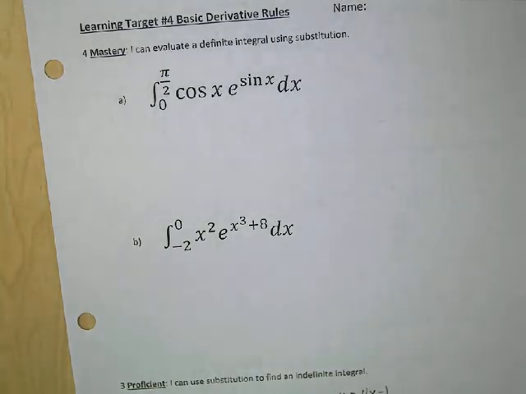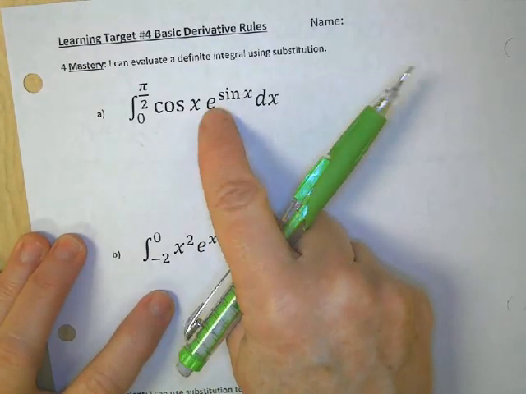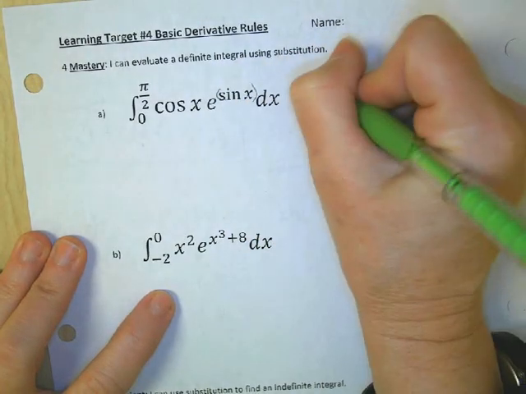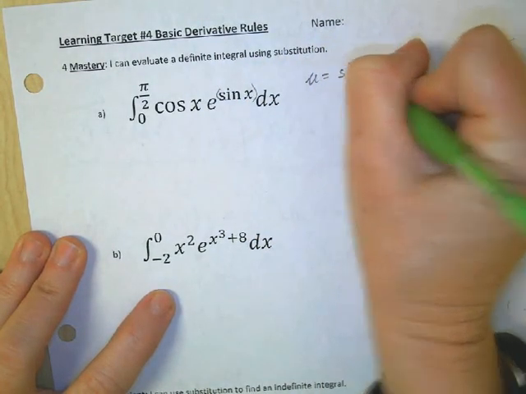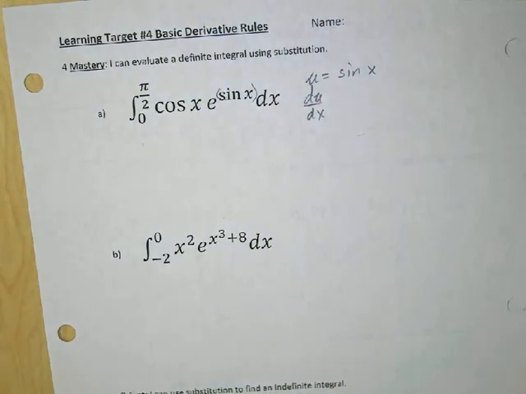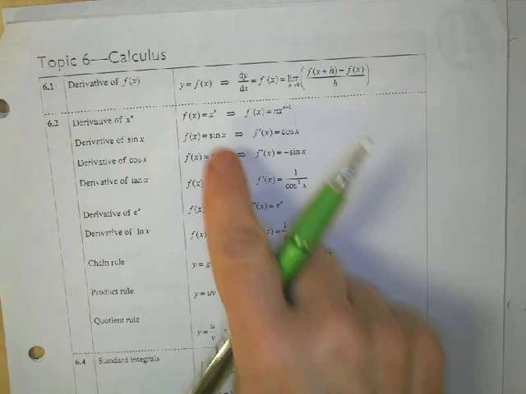Okay, so the first one, notice I have e to the sine x, so that has to be my u. So my u is going to be equal to sine x. Now du/dx is the derivative of sine. If you're getting confused like I do, I get confused very easily, if I want to find the derivative of sine, I'm taking the derivative.